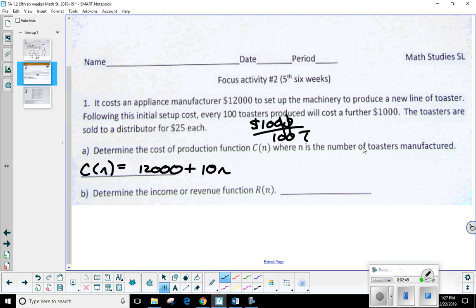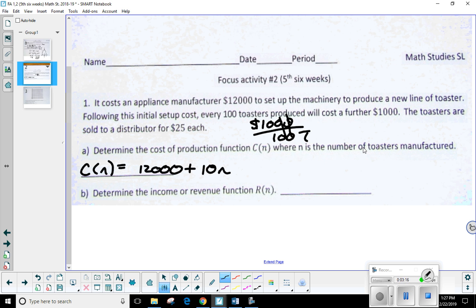Now it says determine the income or the revenue function R of N. Emily, do you happen to have that one? Maybe the 10n minus 25 minus 12,000. You're on the right track for what we're going to do at the end of the focus activity, because it brings up a good question: is revenue profit?